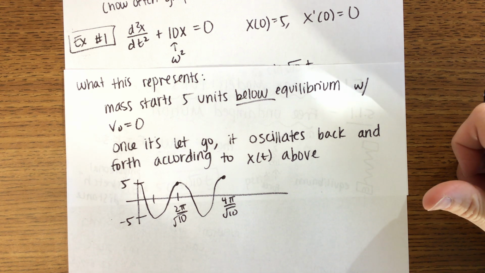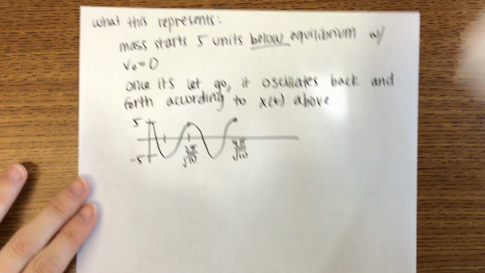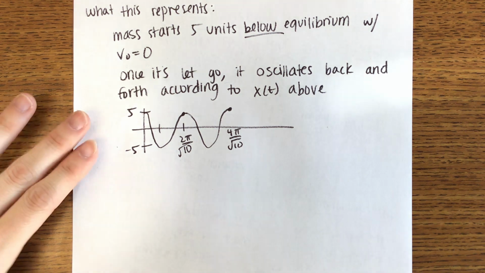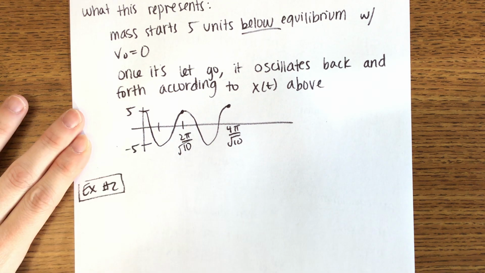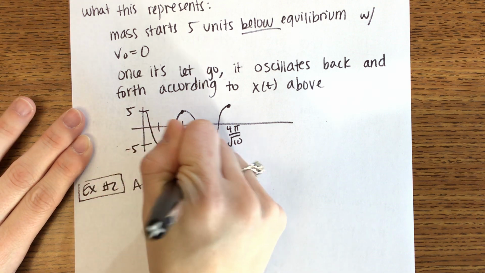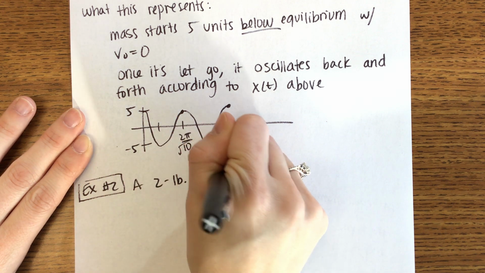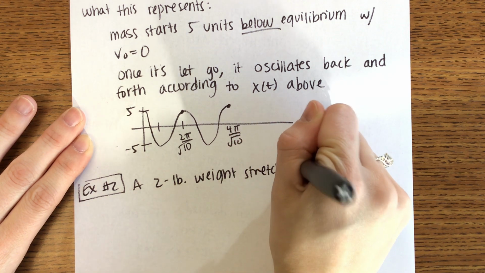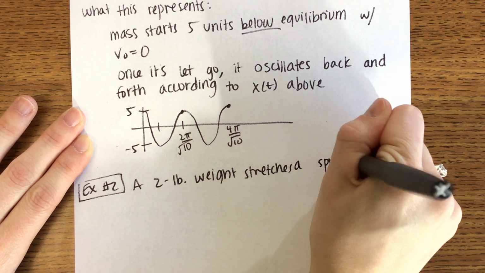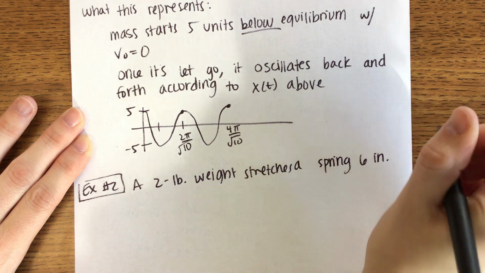Questions before we keep going? Great. Okay. Here's our next example. A 2-pound weight stretches a spring 6 inches.